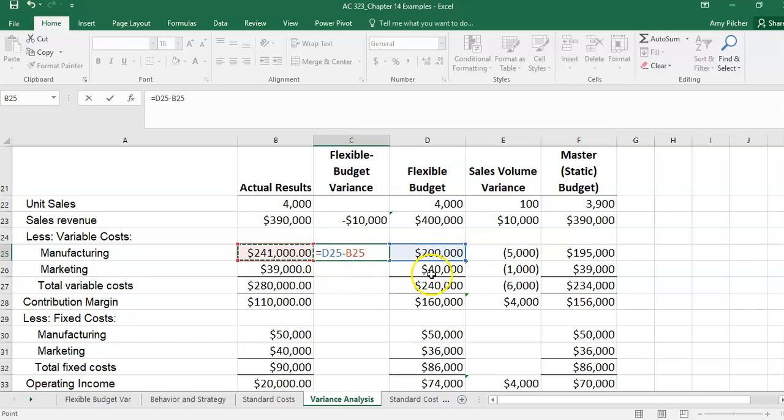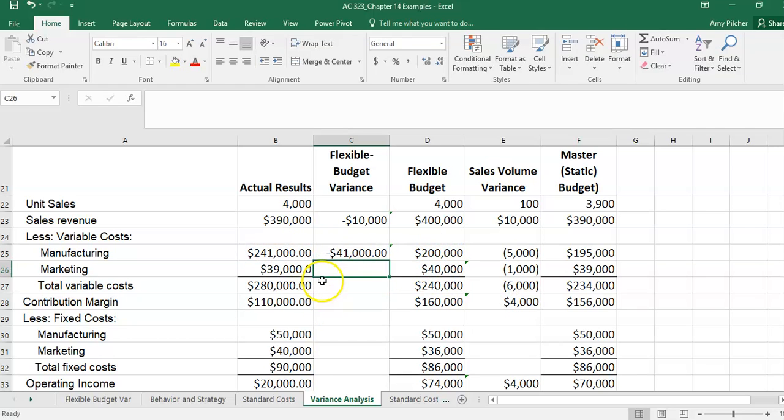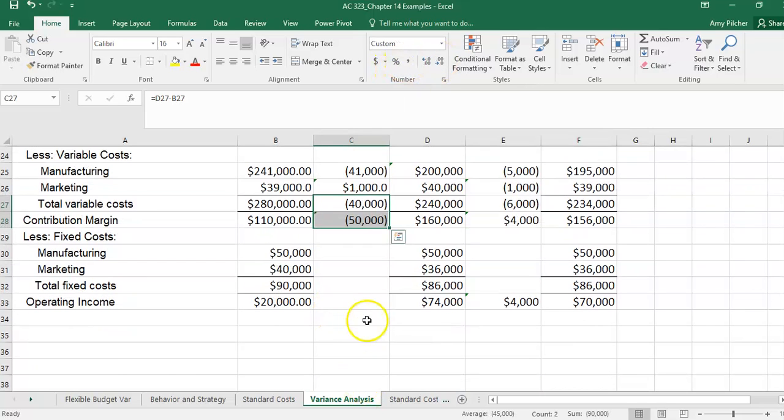We spent $41,000 more than we intended in our manufacturing variable costs, but we saved $1,000 in our marketing costs. Overall, we had a $40,000 overrun in total variable costs, and our contribution margin was $50,000 less than our flexible budget. So we had a $50,000 unfavorable.